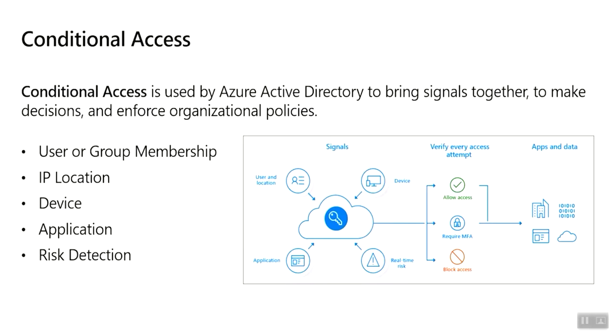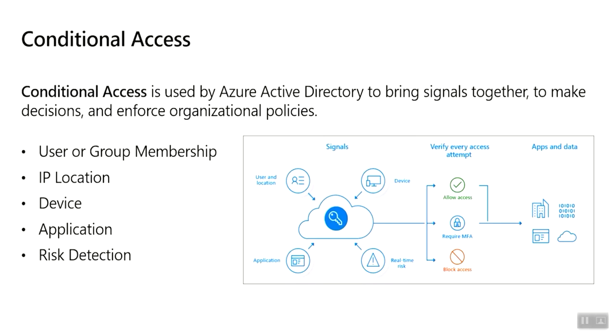So essentially, conditional access uses Azure Active Directory to make decisions based on these organizational policies. Think about them at a very simple level. They're if-then statements. If I am logging in from the corporate network on a corporate computer, then I can access the data.